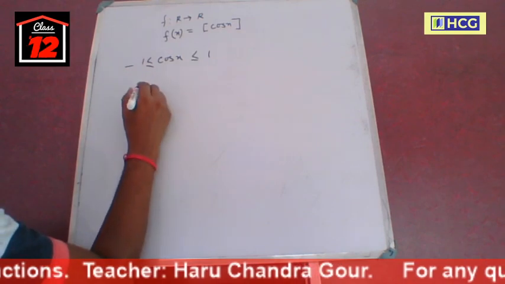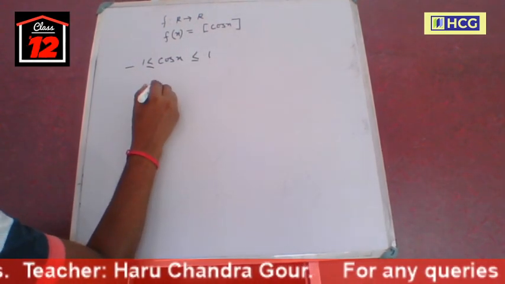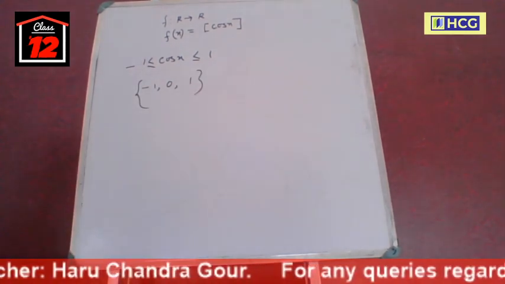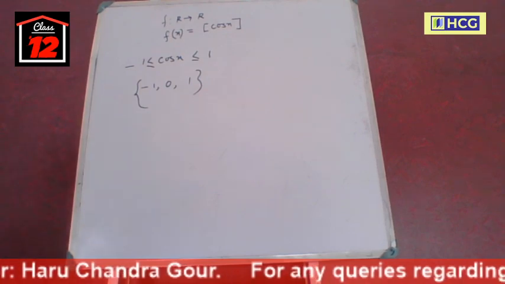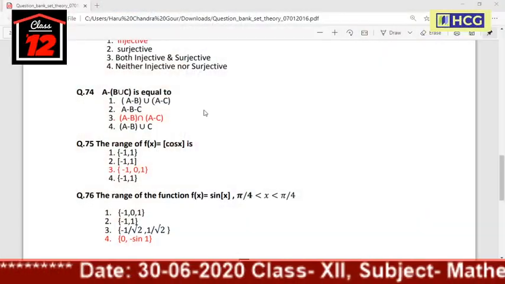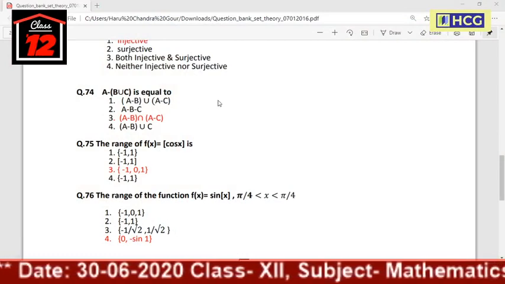So the range of the function is minus 1, 0 or 1. This is the range of the function: minus 1, 0 and 1. Now option 3, minus 1, 0 and 1. Okay, thank you.